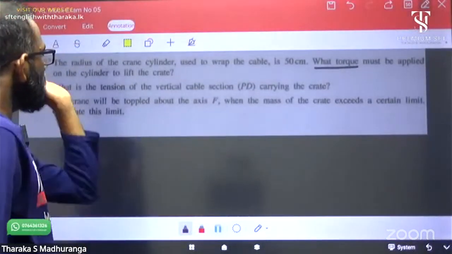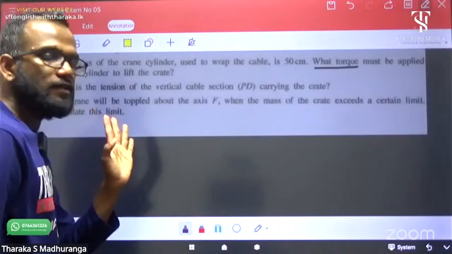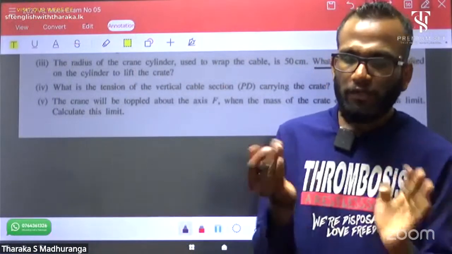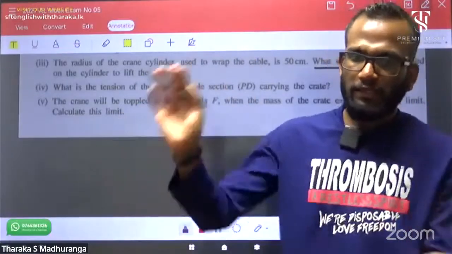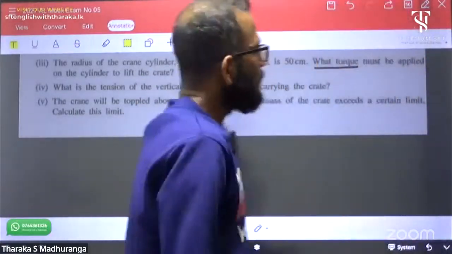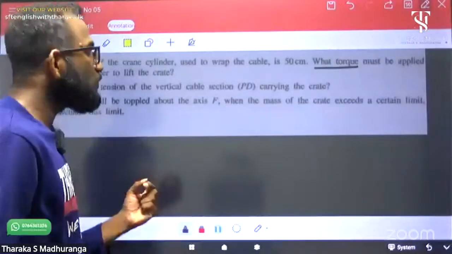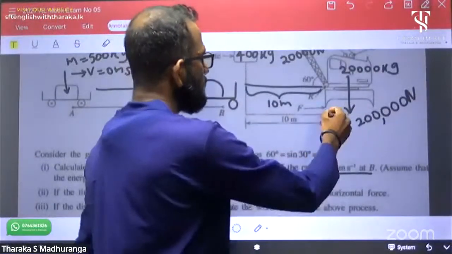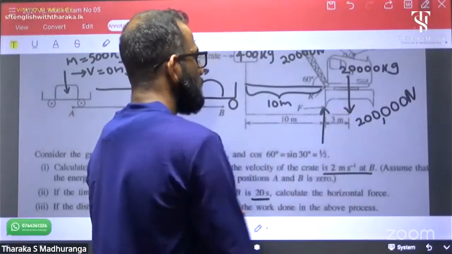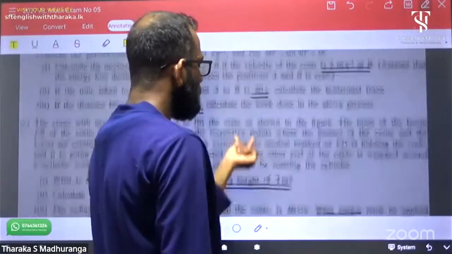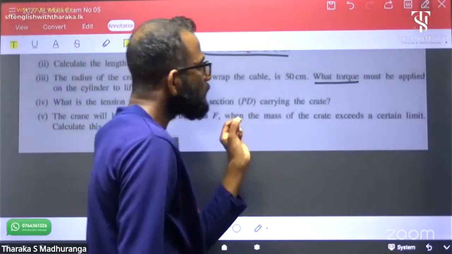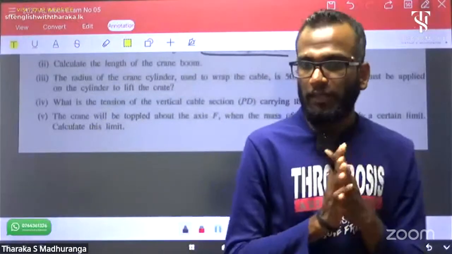The crane will be toppled. This is the most important question. Toppled means rotate. Toppled about the axis of F. This is the F axis. The crane will be toppled about the F axis when the mass of the crate exceeds a certain limit.